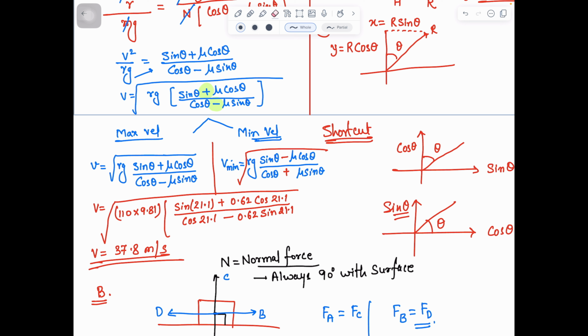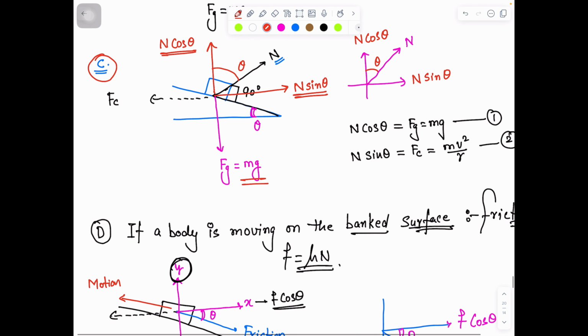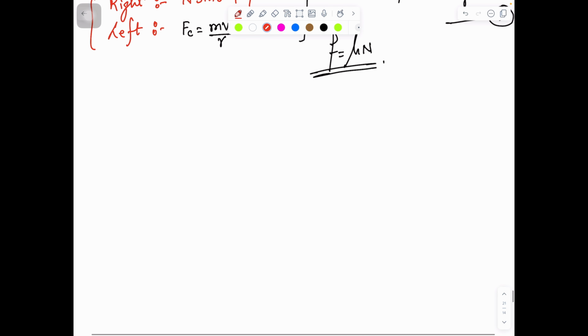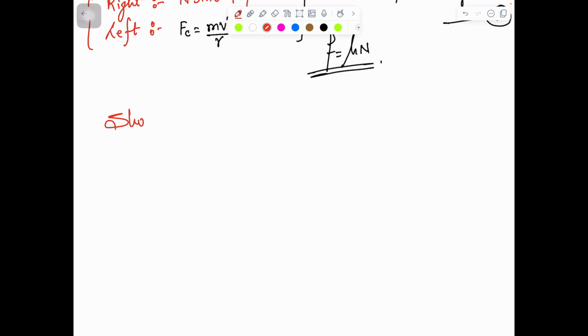I thought things are clear, and now you are able to solve this. Yes or no? I know these are not easy questions that you can solve in 10 seconds. But what you need to remember: to find V max or V min, you need only three things.